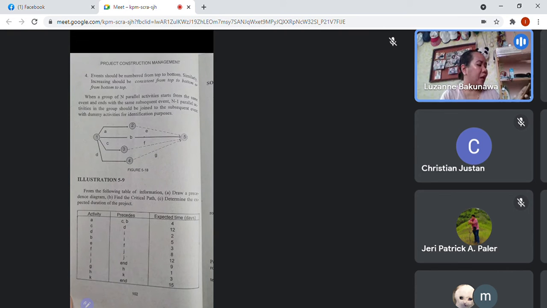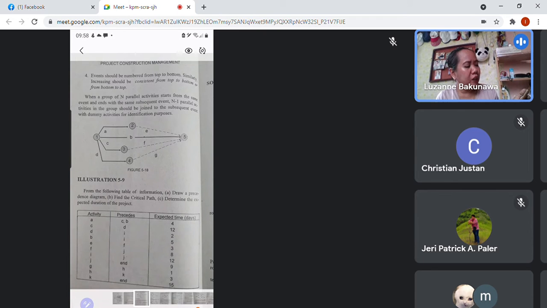And then, when a group of n parallel activities starts from the same event and ends with the same subsequent event, the n-1 parallel activities in the group should be joined to the subsequent event with dummies. So here, the 4 activities are independent of each other, yet they have to finish at the same time.